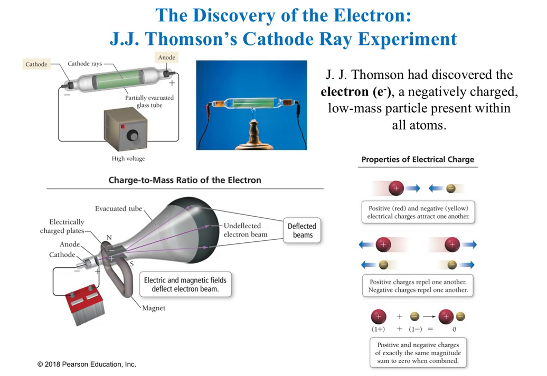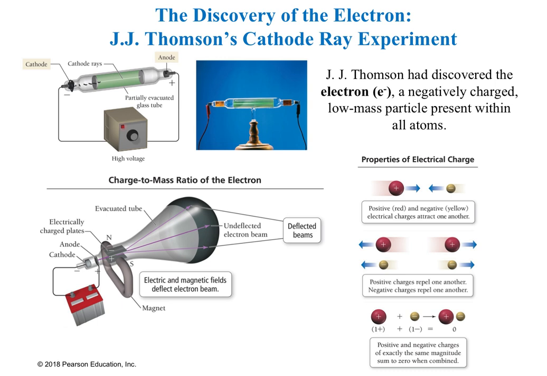Here is a visual of this instrument. We have the cathode ray tube. The cathode here is made out of a material, a metal, and then the anode is on the other side. When a voltage is applied, these particles travel through, and you see this beam here.